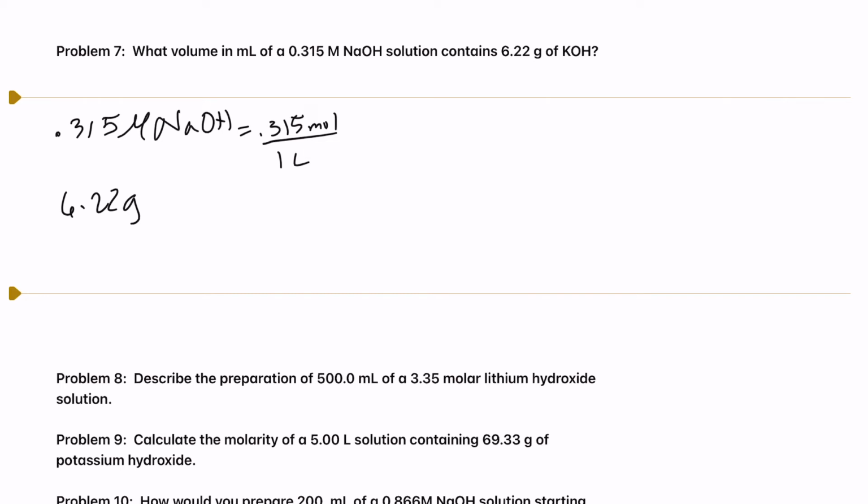Our given is grams. Grams doesn't help us, so we need to get into moles. So we take our 6.22 grams of potassium hydroxide. We convert that into moles. Potassium hydroxide is 40.0 grams per mole.